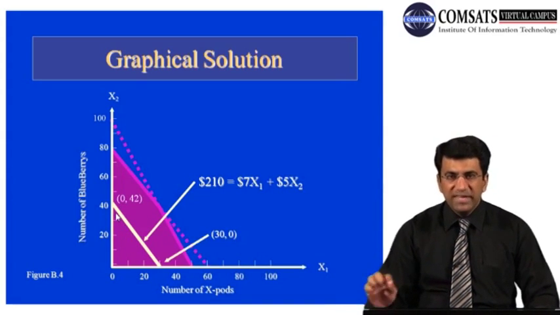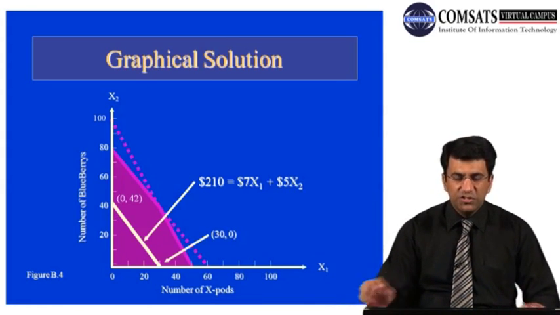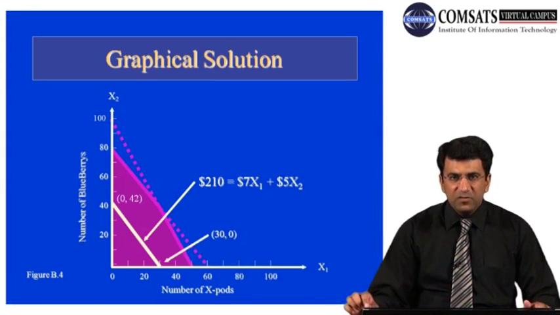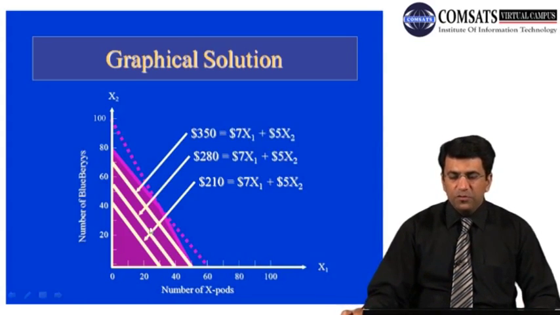Now what we do in the less than case, because this is an example of less than constraints. Whenever we are interested in less than constraints and in profit maximization, we will try to move this profit line away. If we put profit equal to 280, then this will be the equation, and similarly if we put x1 equal to 0 we get the value of x2, and if we put x2 equal to 0 we get the value of x1, and we draw this parallel line of profit.